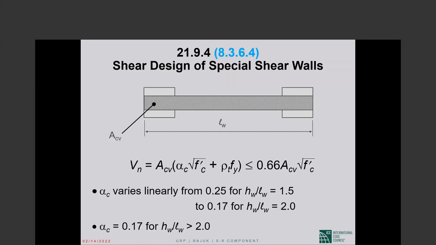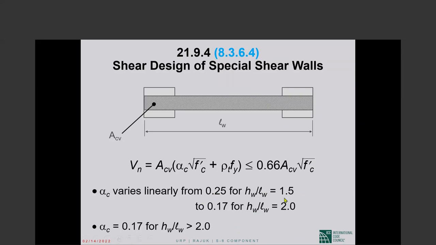So ACI 318 says for walls with height to length ratio of 1.5 or less, the concrete can carry 3 square root of f sub c prime in our units. For walls with height to length ratio larger than or equal to 2, concrete can carry 2 square root of f sub c prime.